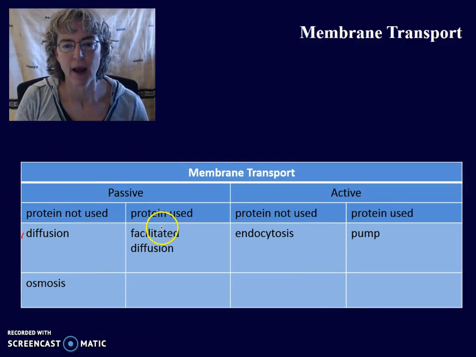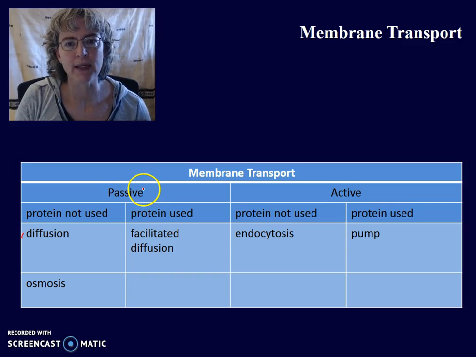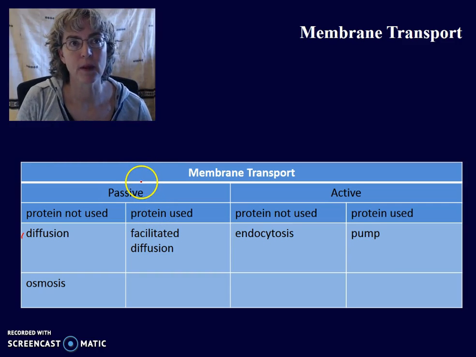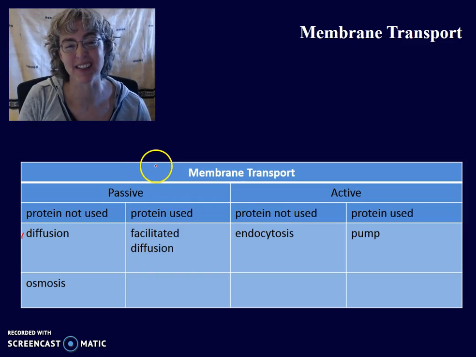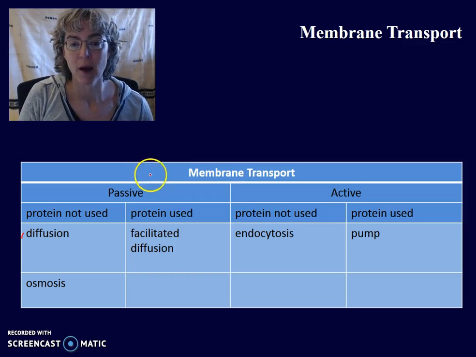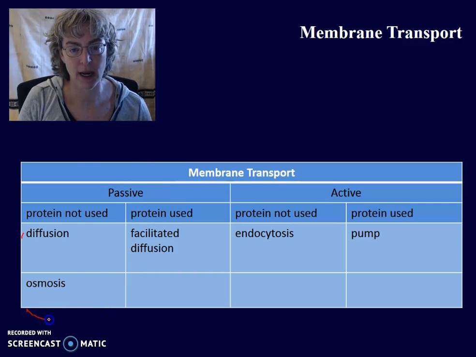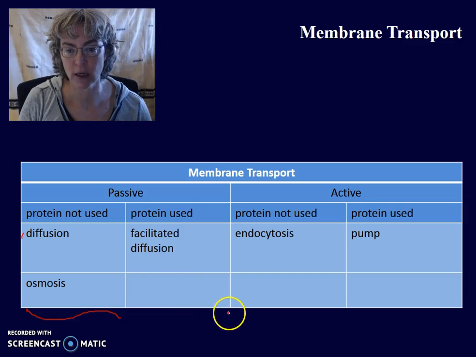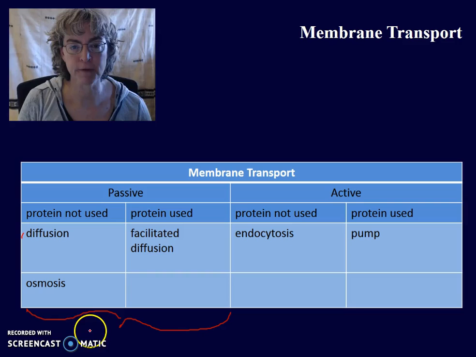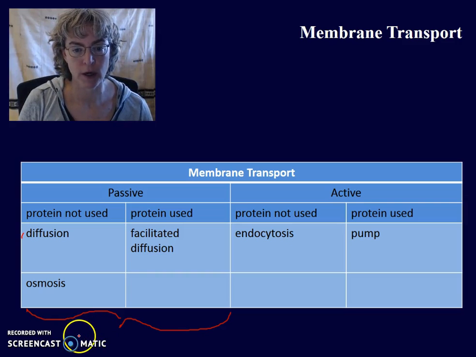So the methods that material gets across a cell membrane can be categorized in several different ways. One way is whether it uses energy or not. So passive transport does not use energy.